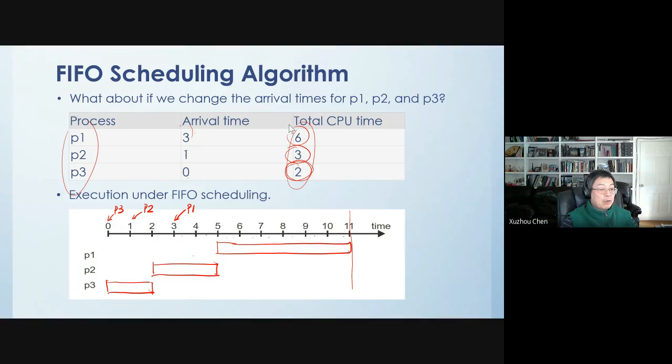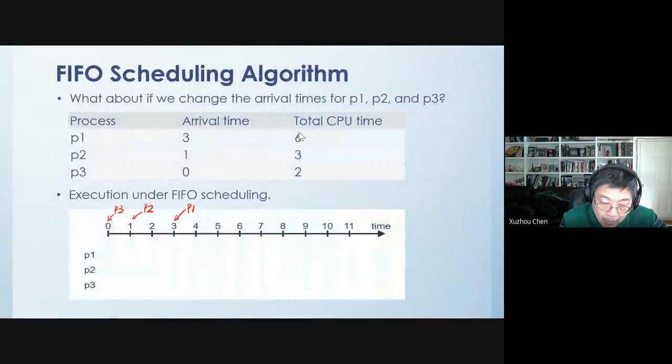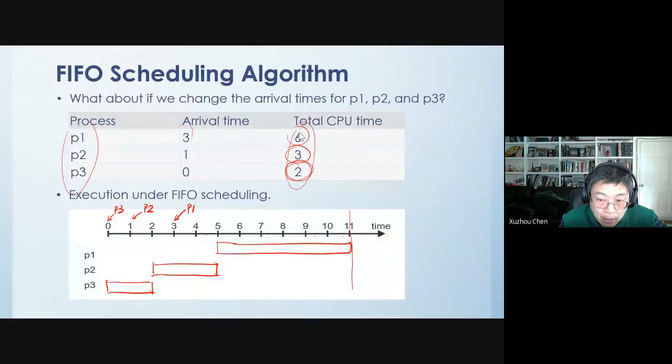Now the other scenario is that the guy with a big shopping cart arrives first and starts to check out, and the other people just wait behind him for at least 5 minutes, you know. So which scenario is better, right? We're going to come back and talk about this again.